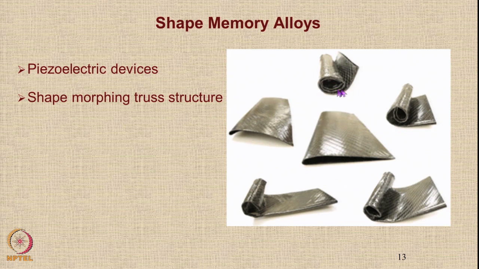You can roll it and keep it in this condition for ease in transportation etc. But when you apply either some electrical current or some temperature, it has a memory of a particular shape, in this case the aerofoil shape. So, it will become an aerofoil shape when you put it at a particular temperature and it will come back to this, or you can roll it back to this particular shape, when you remove that particular input.